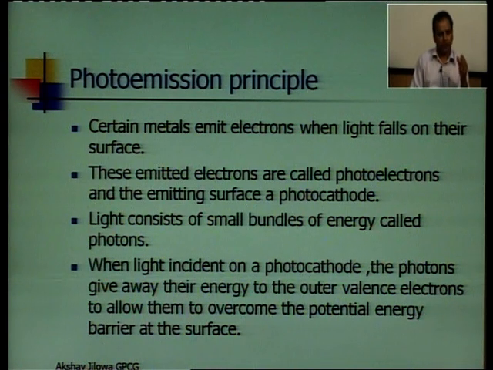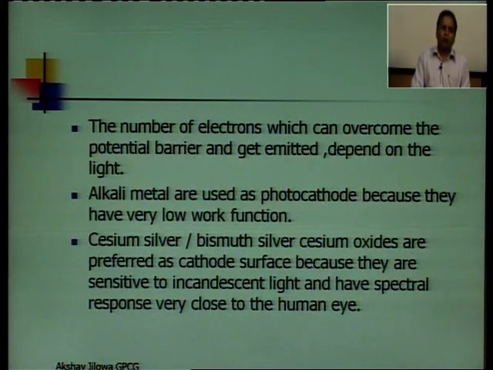That energy exceeds the centripetal force due to which it is revolving around the nucleus, and it comes out of the surface or orbit. The number of electrons which can overcome the potential barrier and get emitted depends on the light.